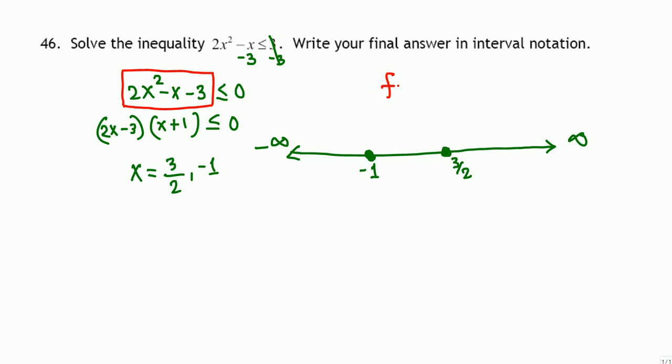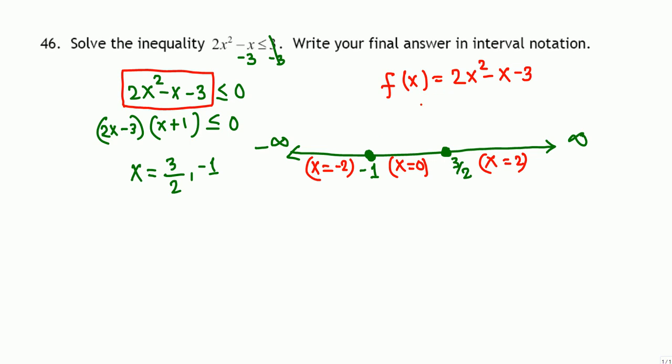Or we can write down f(x), let's say that's 2x squared minus x minus 3. Pick a representative from each interval. It's the test point. So x equals negative 2 here, x equals, let's say, 0 here. This is 1.5, so let's take 2 or 10 or 1000, doesn't matter, and plug these numbers into the polynomial, because we want that to be less than or equal to 0.